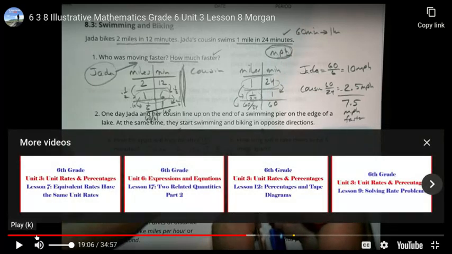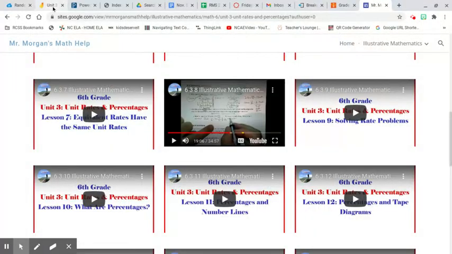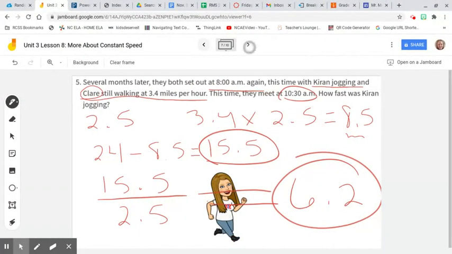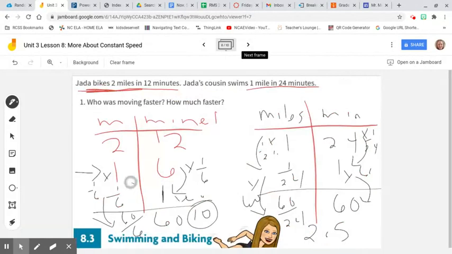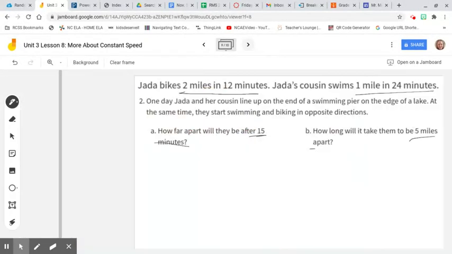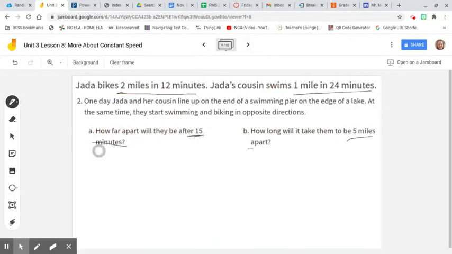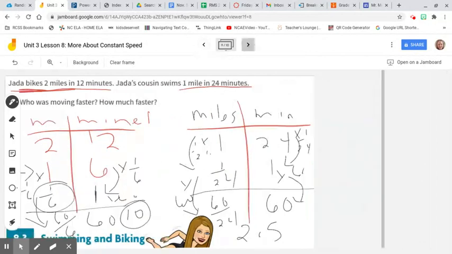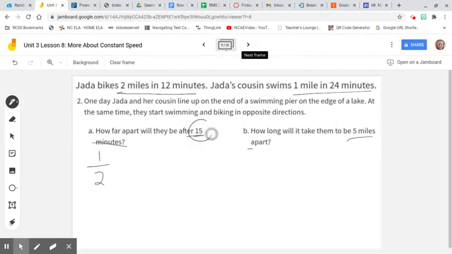So what he has done is he has taken the information from what we did here, this 1/6. We know that Jada goes 1/6 of a mile in 1 minute. So how much will she go in 15 minutes?